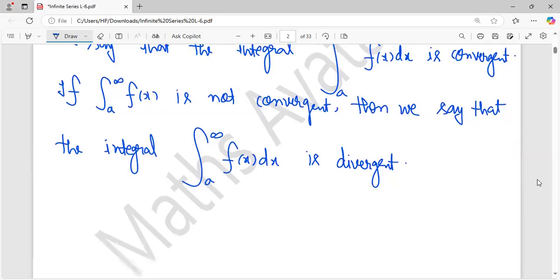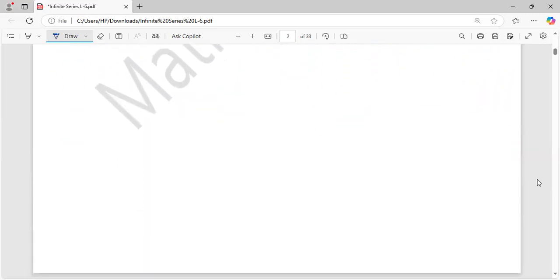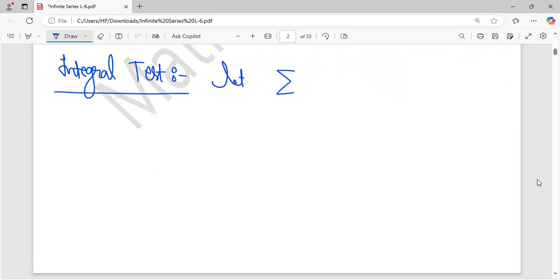What is the integral test? Let the summation of a_n, n goes from 1 to infinity, be a series with non-negative terms.